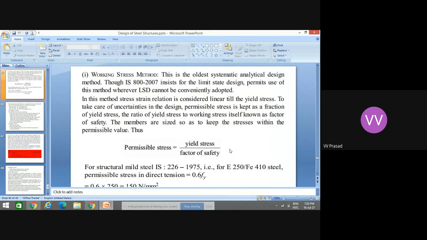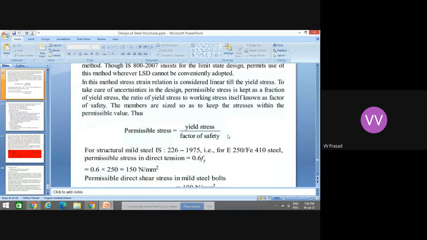In the working stress method, the same loads, same bending moment and same shear forces are taken, but in limit state design, the loads are converted into factored loads, shear force into factored shear force, and bending moment into factored bending moment. That is the difference between limit state design and working stress design.